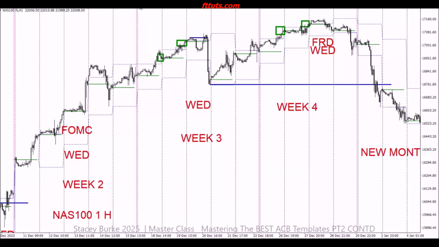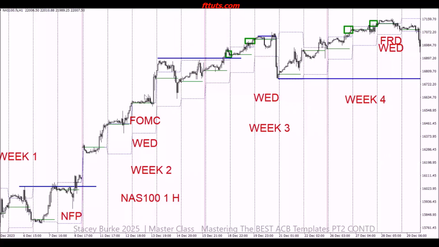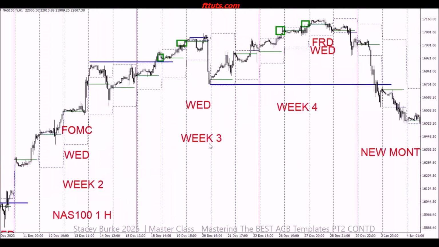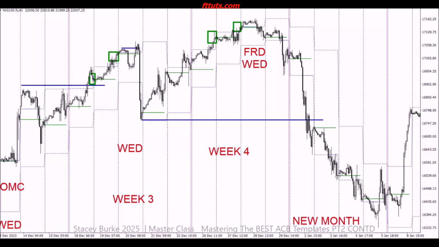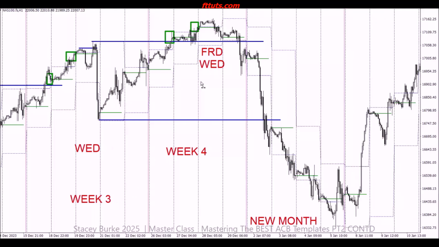But you'll notice each week breaking higher out of a weekly level, triggering higher time frames into the market and continuing to trade higher before reversing. The point I'm trying to make is that sometimes you're going to have months that do not set up and offer us that ACB template, but there are other opportunities if you're patient and willing to sit on your hands.